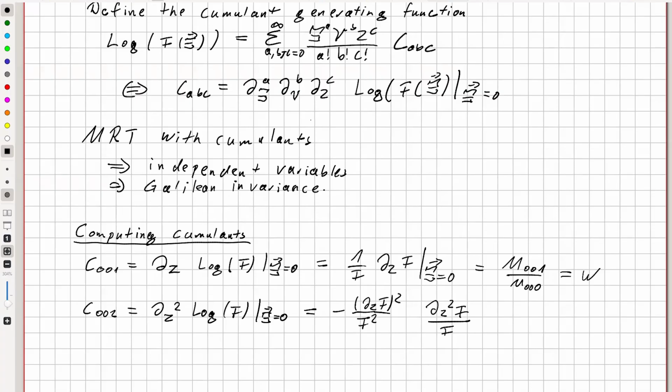This here is the zeroth moment twice, and dz to the second order, the second derivative of f, is obviously the second moment, right? So we get here minus, so this is obviously minus omega squared plus m002 divided by m000.